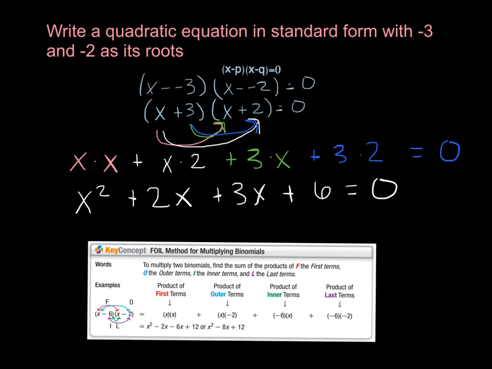So we would get x squared plus 5x, 2x plus 3x, plus 6 equals 0. And we're done, because the question only asked us to write a quadratic equation in standard form. So it's our ax squared plus bx plus c equals 0, and it has the roots of -3 and -2.